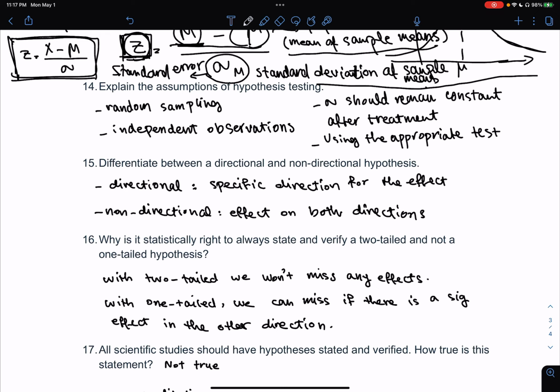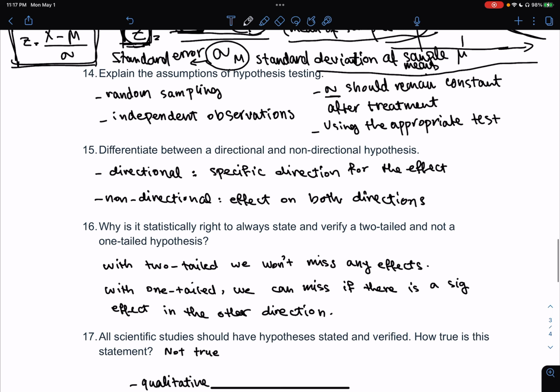So this is the same concept, because if we consider the treatment to have a constant effect on every participant, then sigma should remain constant after the treatment. And then using the appropriate test is a basic requirement.